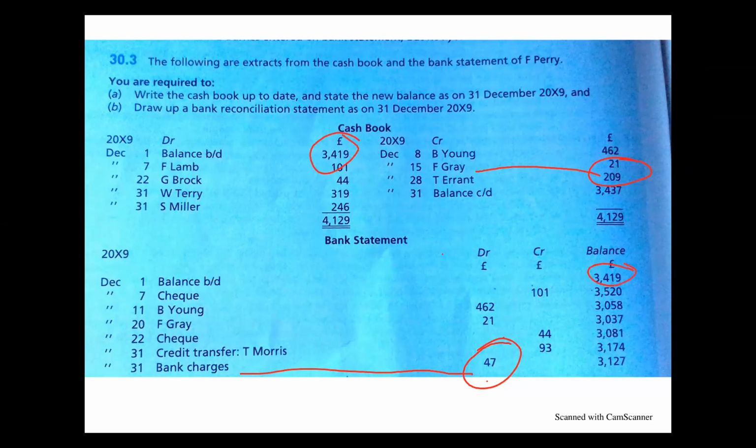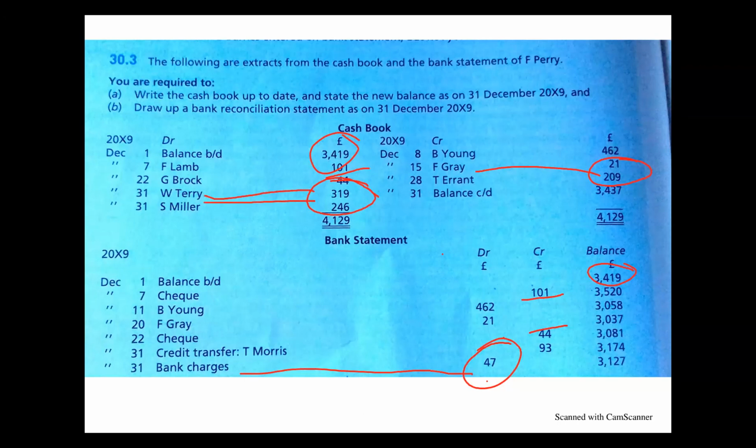Then we have 101. We also have 101, right? We have 44 and we have 44 here. What else don't we have? We don't have 319 and 246.